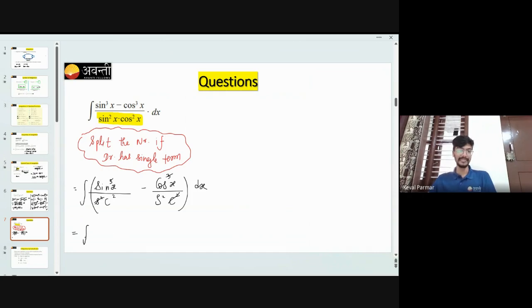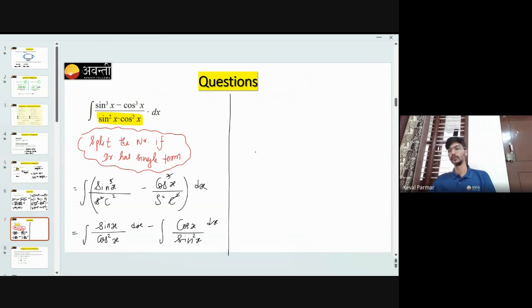So I will get integration of sine x upon cos square x minus integration of cos x upon sine square x. Correct? So, what will I get now? See, here manipulation is important because it is trigonometry.